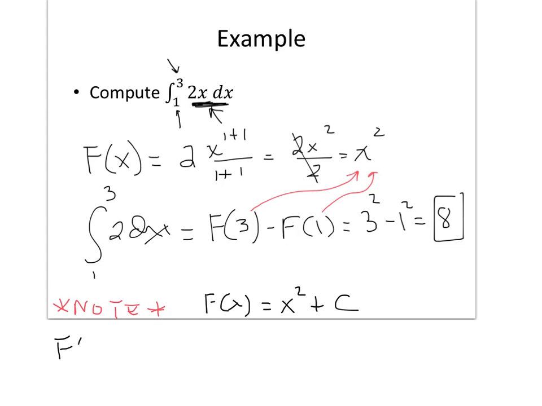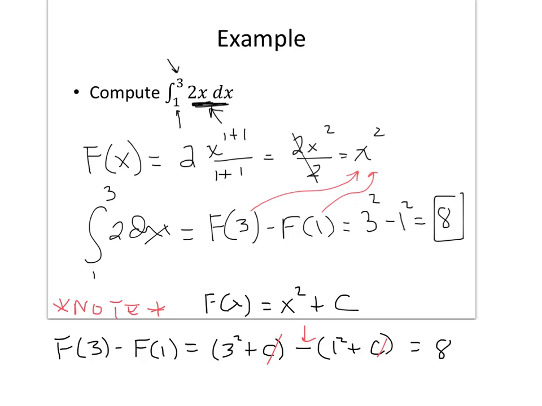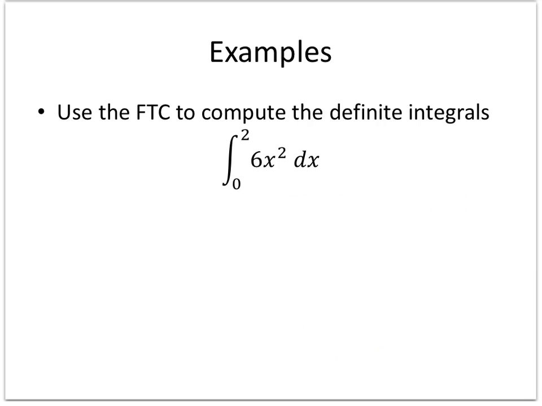But if I go back and plug these into my x squared plus c, I'm going to get 3 squared plus c minus 1 squared plus c. Because of that negative, my c's cancel anyway. So when you have a definite integral, meaning you have limits of integration, we don't even have to worry about the plus c part.